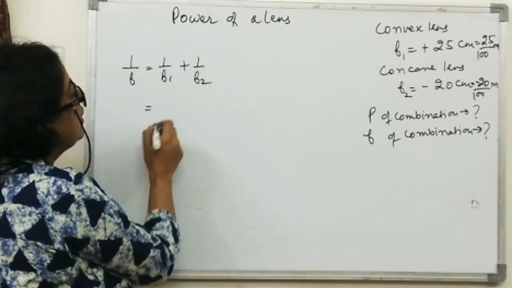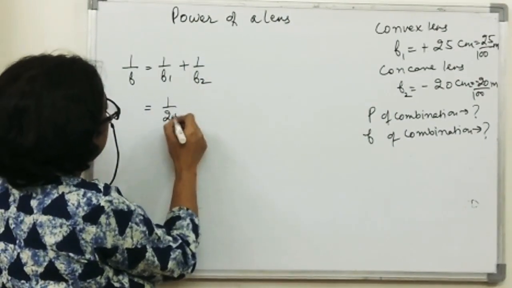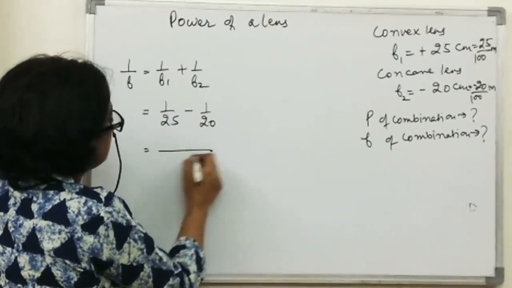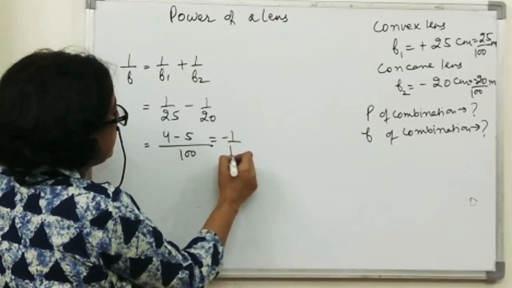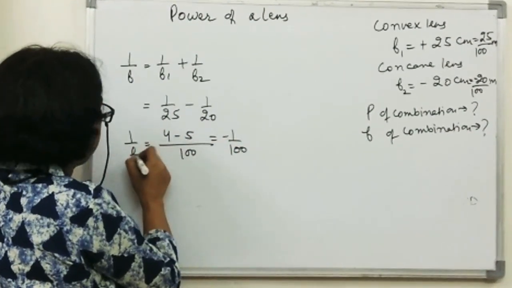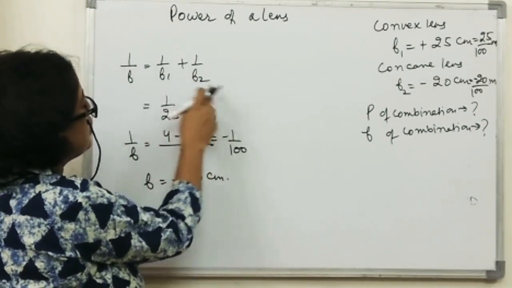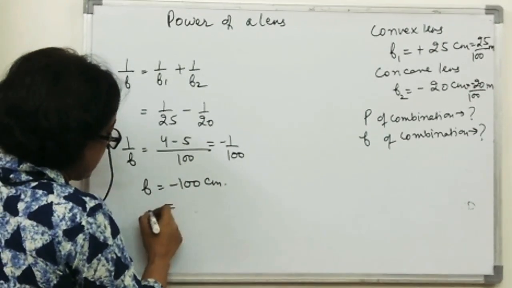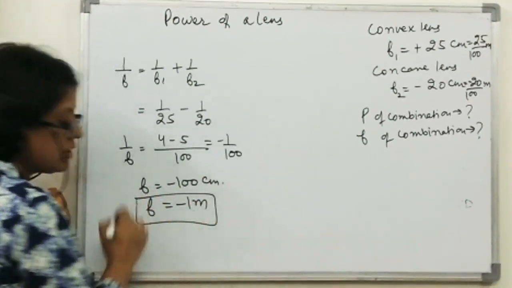So f1 is 25 and f2 is minus 20. So we take the LCM, 4 minus 5, this is minus 1 by 100, 1 by f, so f is equal to minus 100 centimeter, because I have not changed to meters. So we can keep it in centimeters, so this can be minus 100 centimeter or minus 1 meter. So I've calculated focal length.